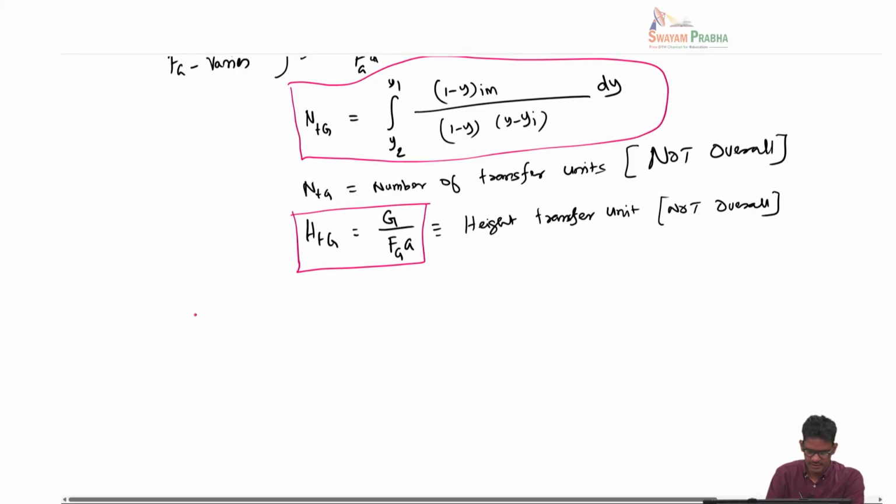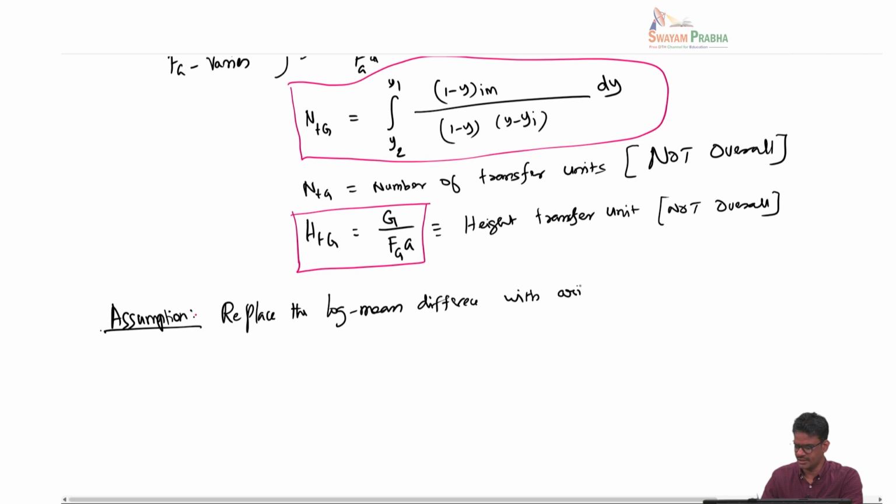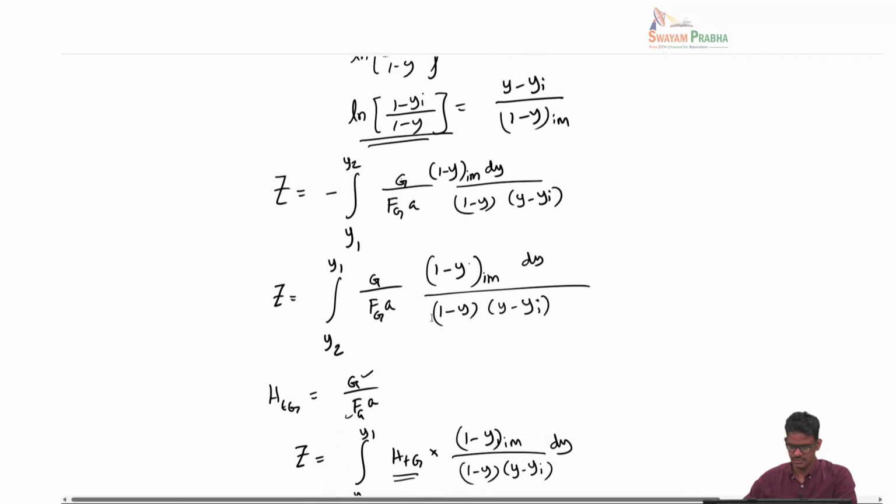So the assumption that we are making here is to replace the logarithmic mean concentration difference with the arithmetic mean. Okay, so that is this (1 minus y)_im, this was defined as here.